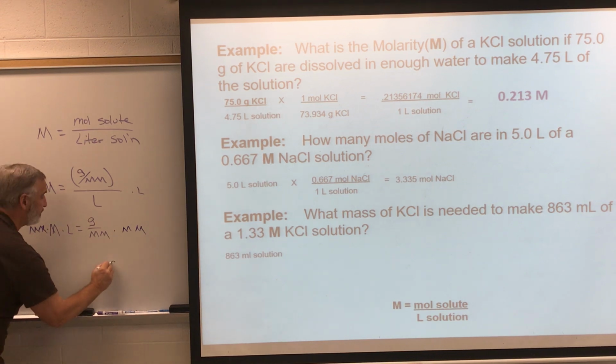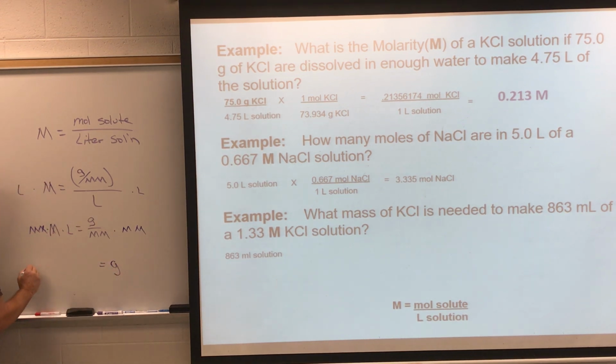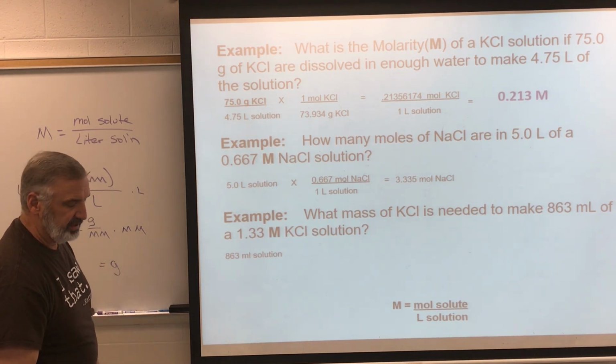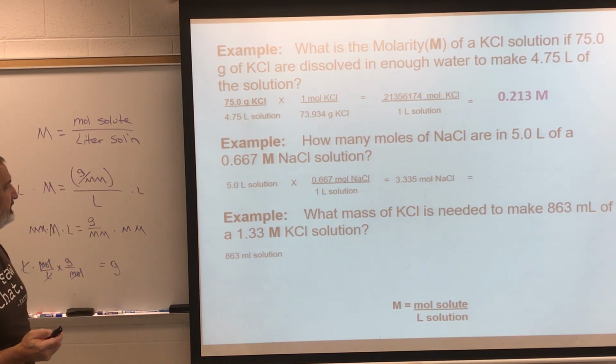So now grams is going to equal liters times molarity, which is moles per liter, times grams over moles. And notice, liters cancel, moles cancel, and you end up with grams. This comes from this equation right here, just doing the math, and that's what you're going to see as how this is solved.